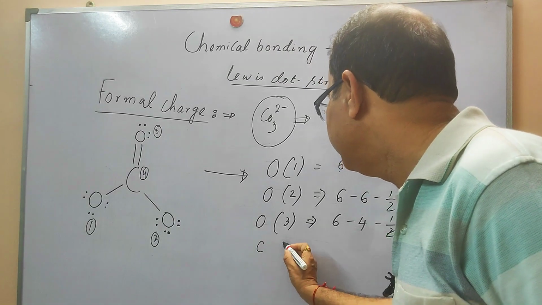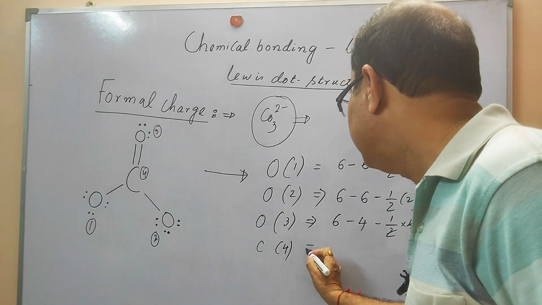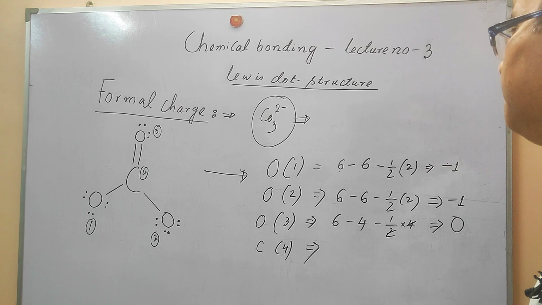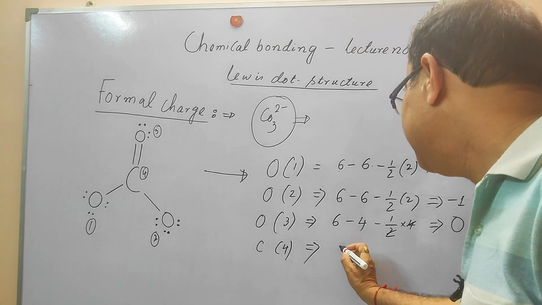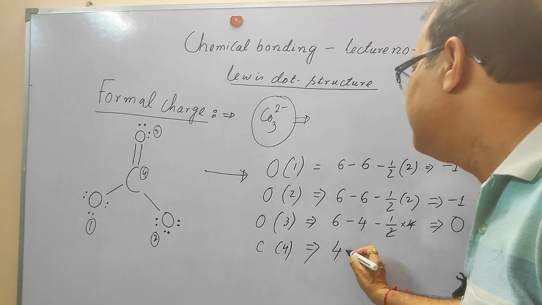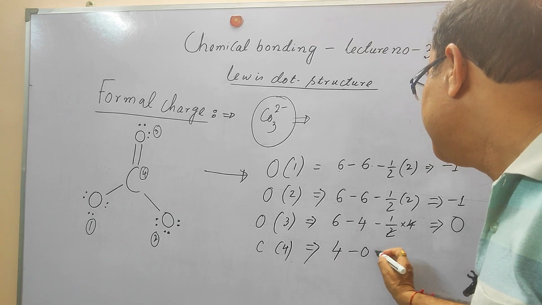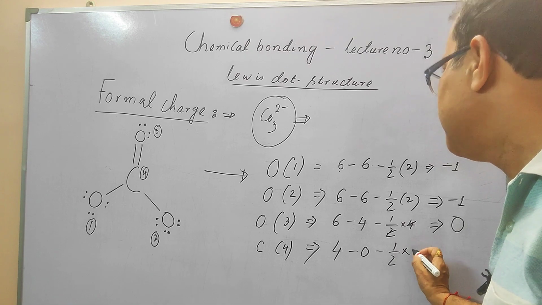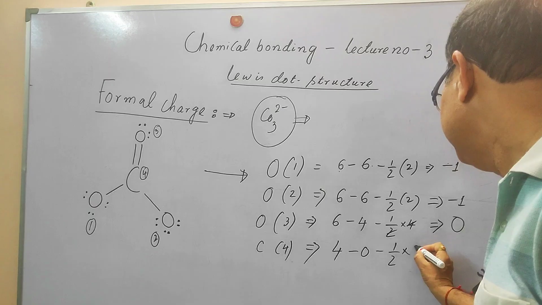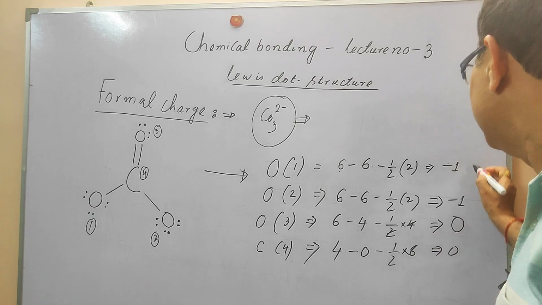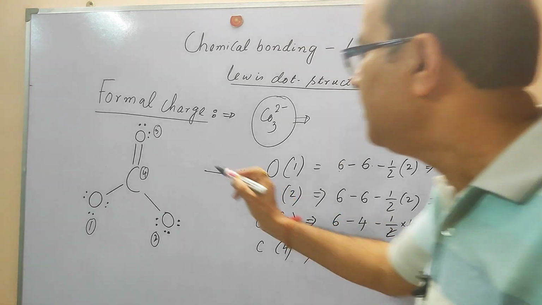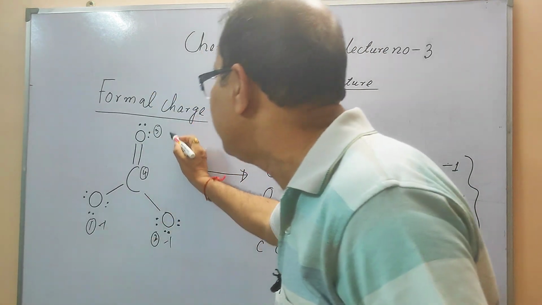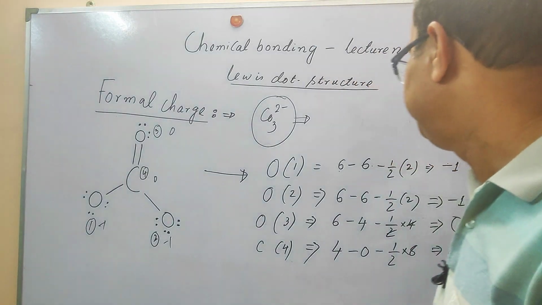For the carbon atom, you will find carbon is 4, it has no lone pair, and half of the total bond pair electrons, 8, is 4, so it will be 0. So we can see the formal charge on this carbon atom is 0.